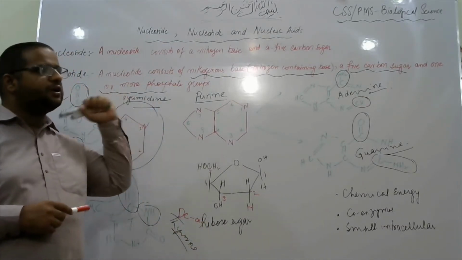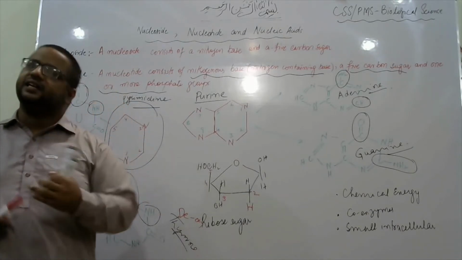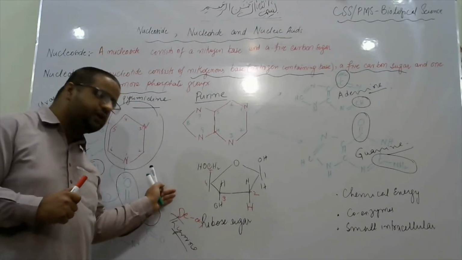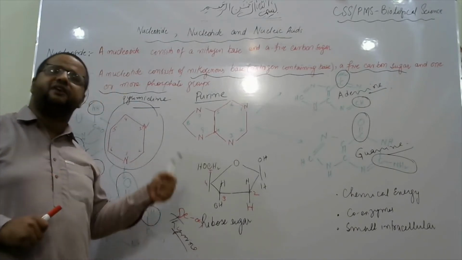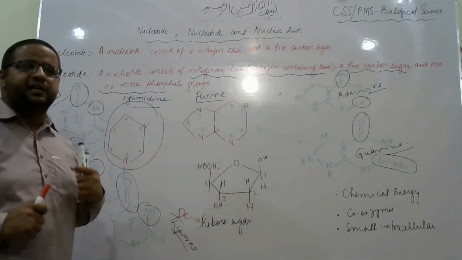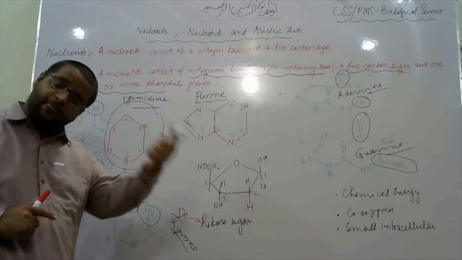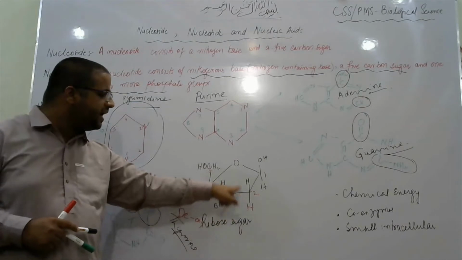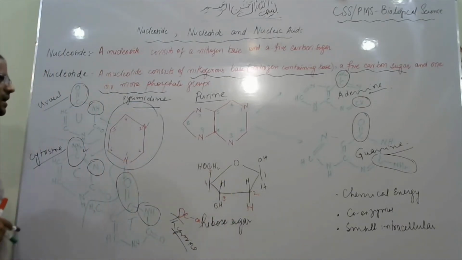So the first component of DNA and RNA is the nitrogenous base. The second component is sugar, which is ribose in RNA and deoxyribose in DNA. So there is only a difference of an oxygen atom at the second position.